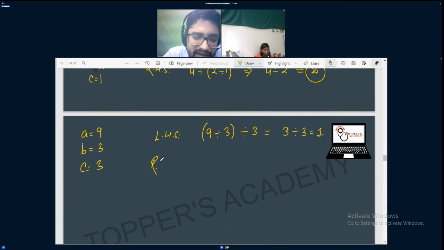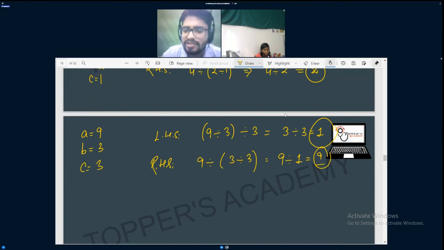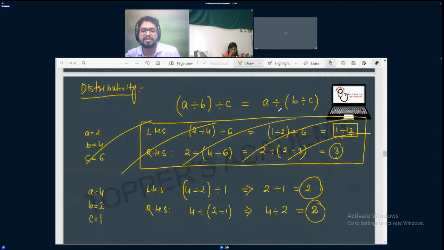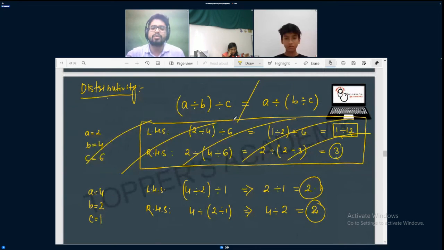The right hand side is 9 divided by (3 divided by 3), which is 9 divided by 1, so this is 9. LHS and RHS are different. So we have one set of values of A, B, and C for which the two sides are not equal. Yes or no?